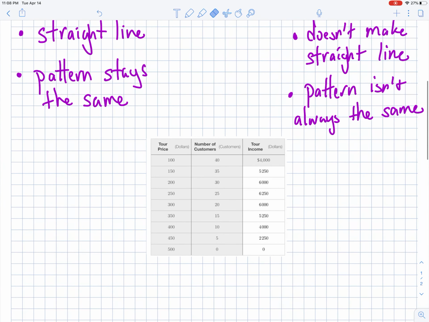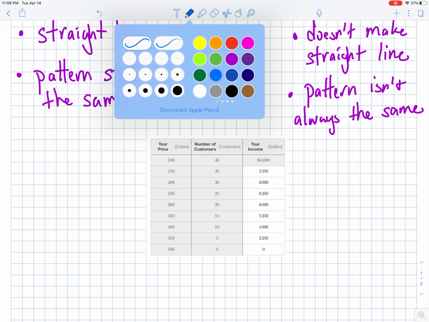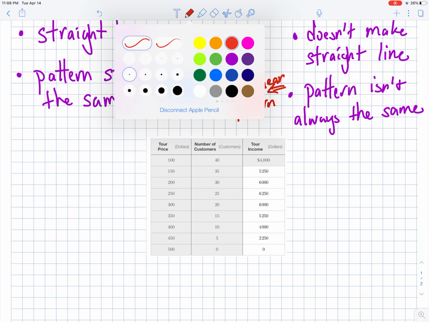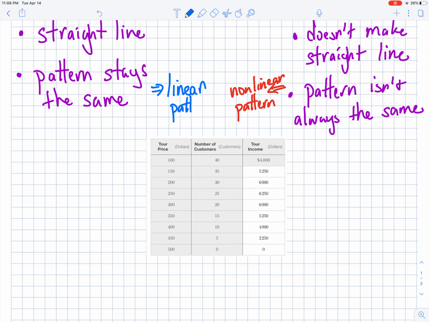So it's really important to remember that the pattern stays the same for a linear pattern, and the pattern doesn't always stay the same for a nonlinear pattern. So if I'm looking at a table, I can tell if something is linear or nonlinear by looking at the pattern I see between the numbers.